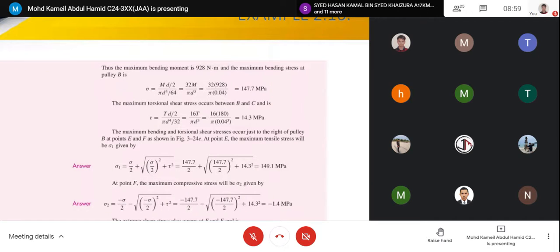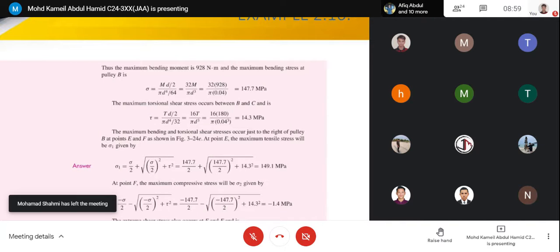Substitute your M value and you get 147. This is the maximum bending stress. The maximum torsional shear stress occurs between B and C.